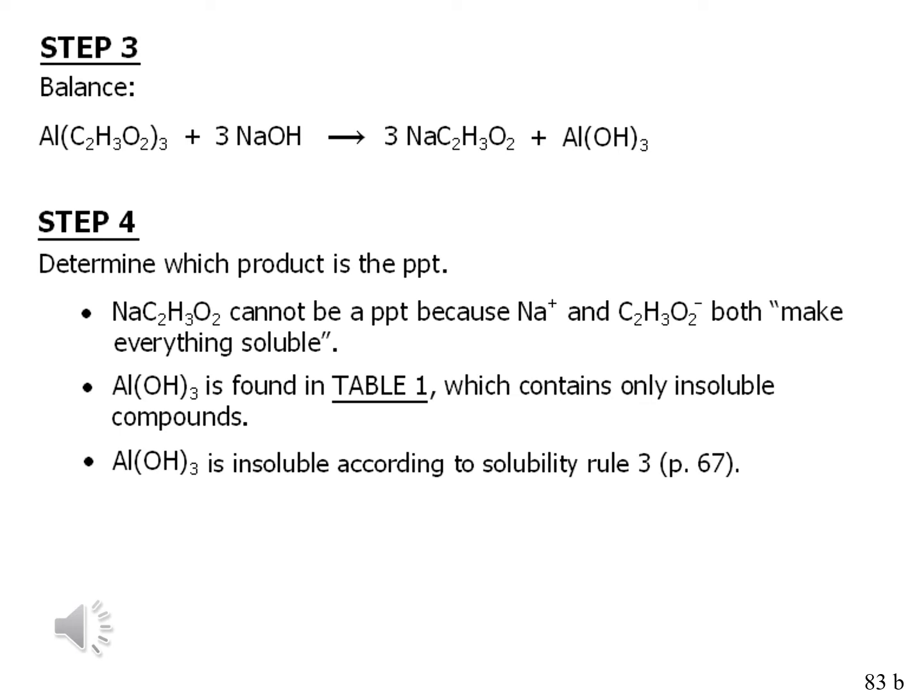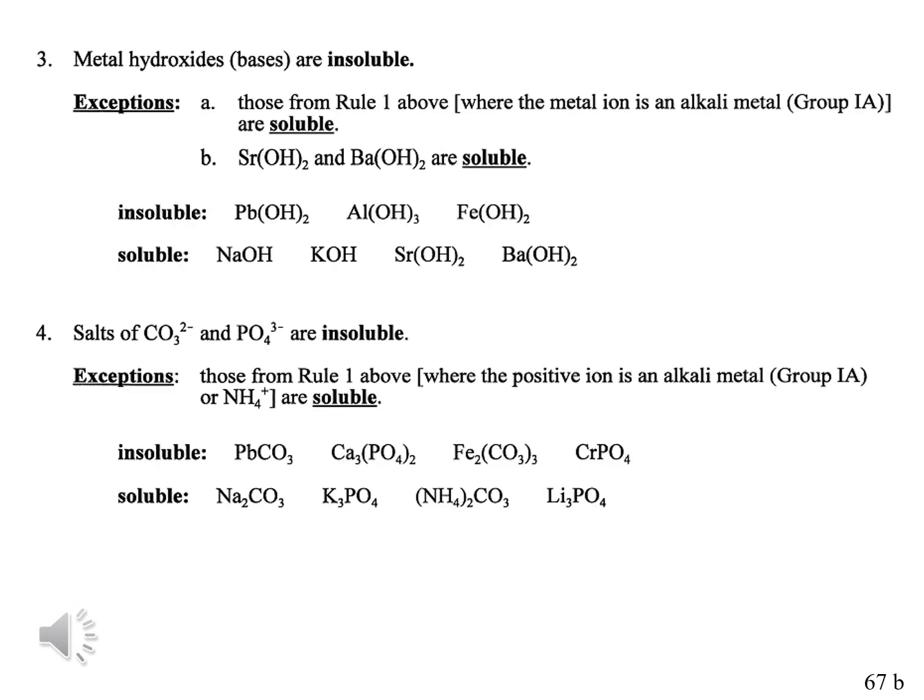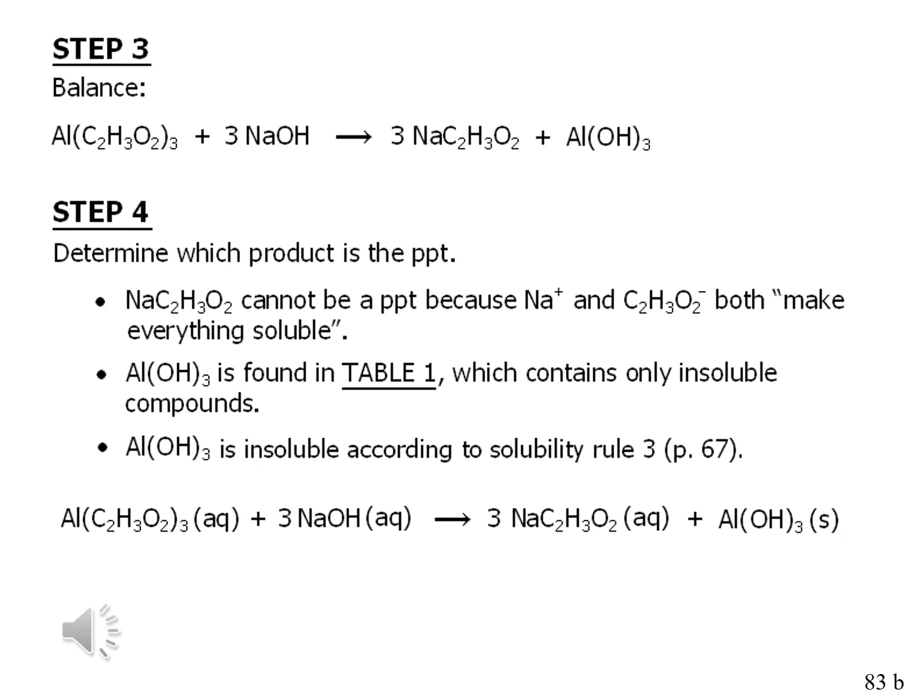This is the only one I haven't reviewed yet, so let's look at it. Solubility rule 3 says that metal hydroxides are insoluble, and aluminum hydroxide is one of them. The only ones that are soluble are the ones that have metals from group 1 and strontium hydroxide and barium hydroxide. You can then for sure put the solid after the aluminum hydroxide.